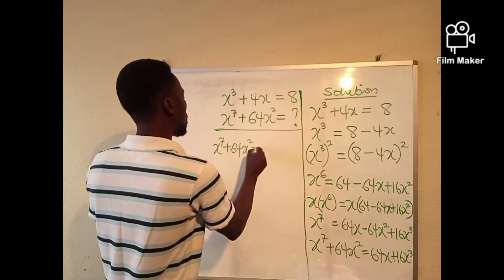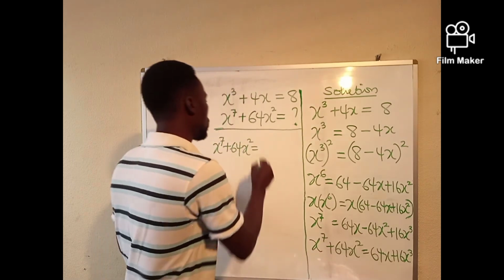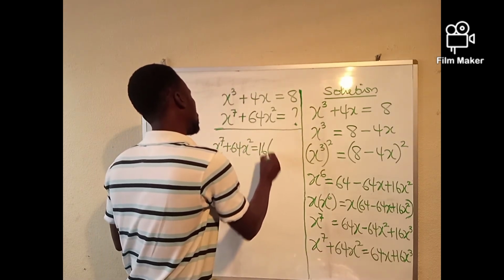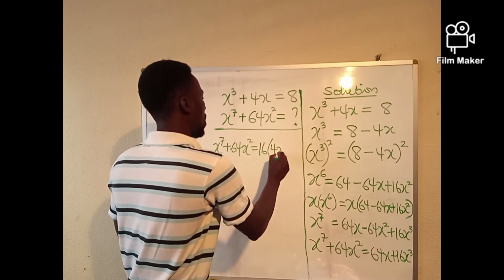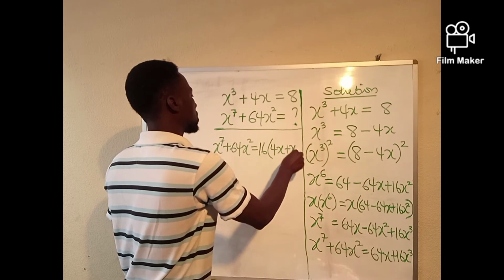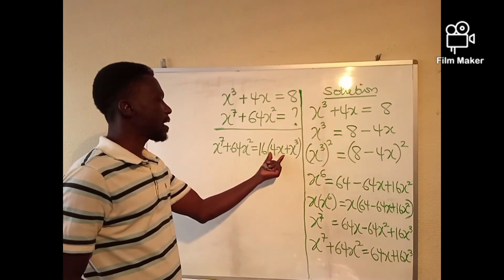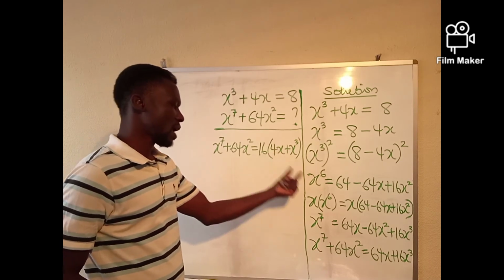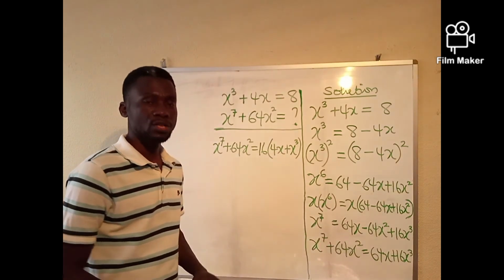This is equal to, we need to factor out, because 16 is common to itself and 64. So we have 16 out. What is left here will be 4x plus x cubed. So that when we multiply 16 by 4x, we shall have 64x. When we multiply 16 by x cubed, we shall have 16x cubed.